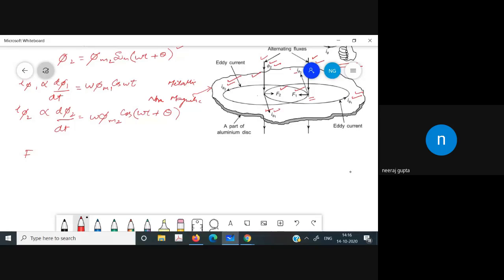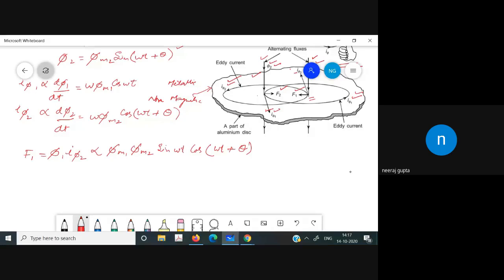Then F1, the interaction of phi1 with I phi2, is proportional to, substituting the values, phi m1 phi m2 sine of omega t cos of omega t plus theta.